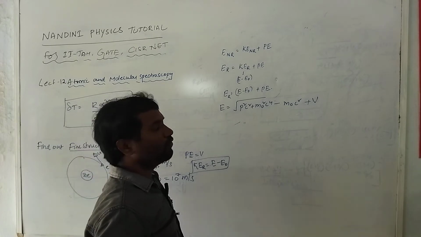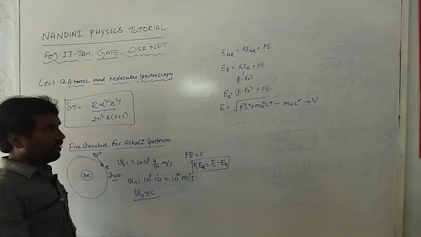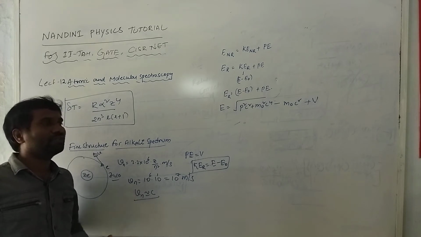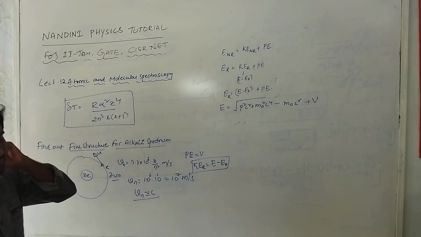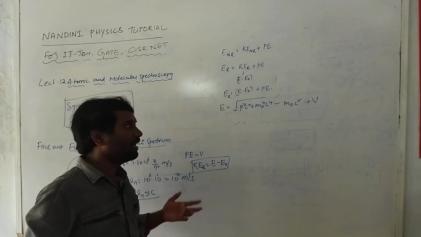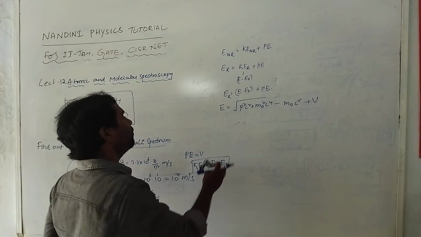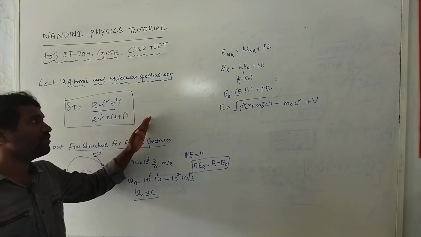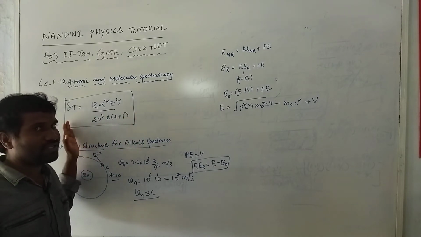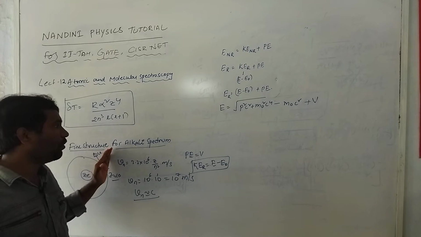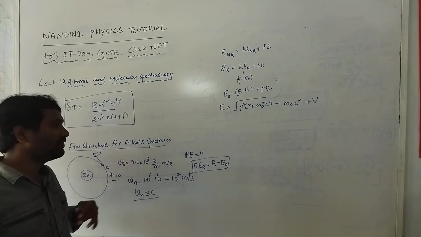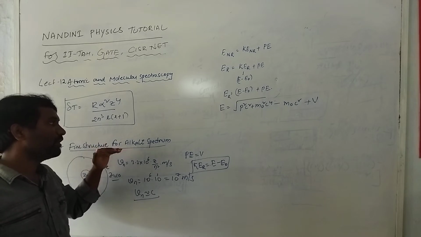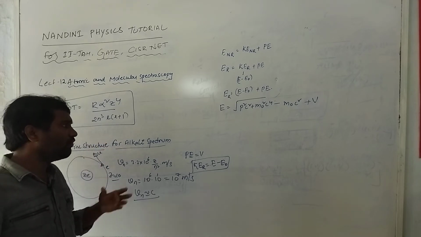So I want to find out the correction. Actually, first of all I want to find out the kinetic energy. After that I will use first order perturbation theory to find the correction. I already proved the energy shift in the case of the hydrogen spectrum using the fine structure concept, but right now I derive the energy correction for the alkali spectrum, because the alkali spectrum needs an energy correction.